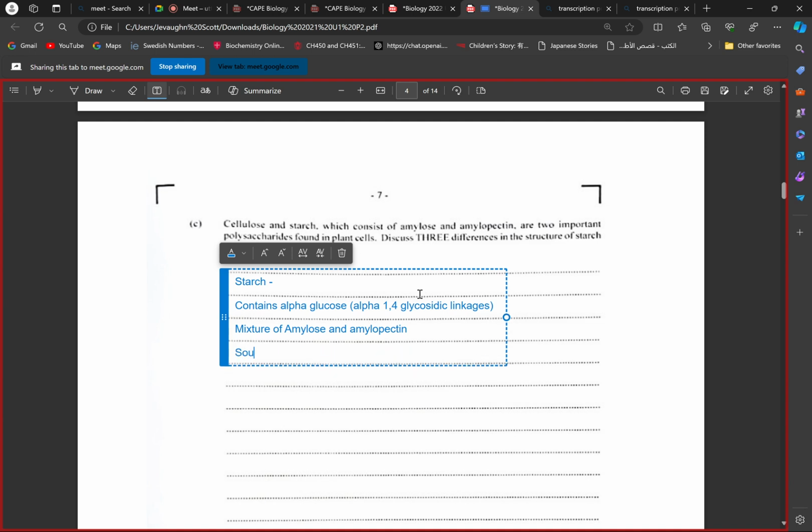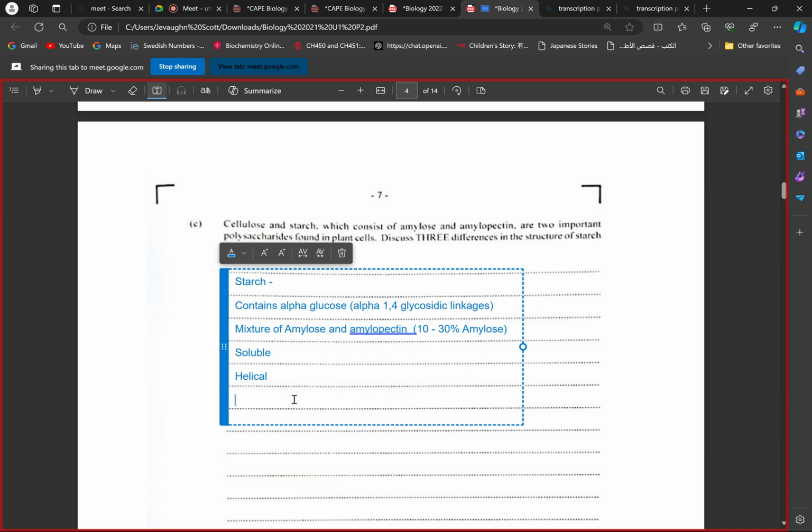Okay, it's soluble, helical in shape. And then what is the percentage generally? It's usually 10 to 30% amylose, and then the other is usually the rest of the percentage for amylopectin.